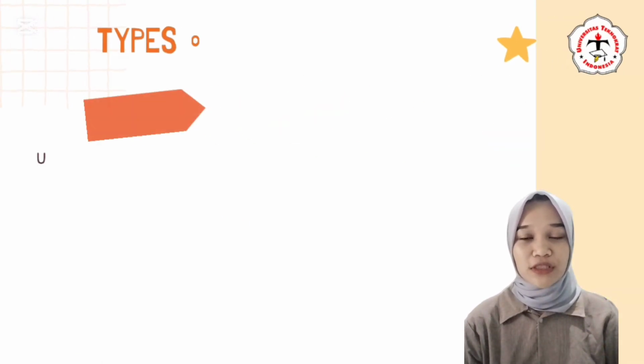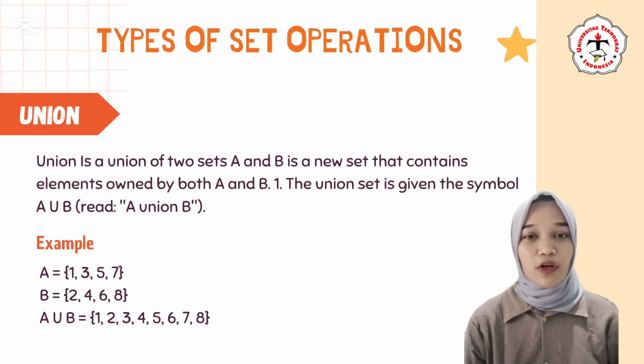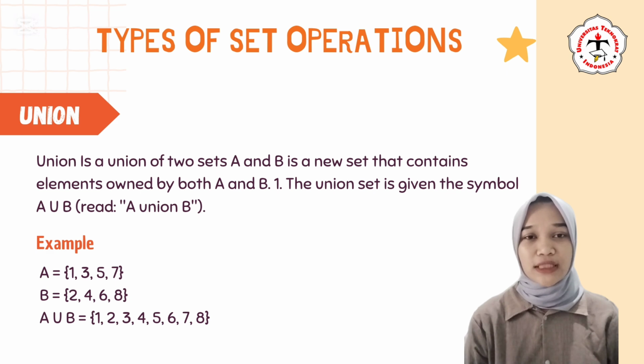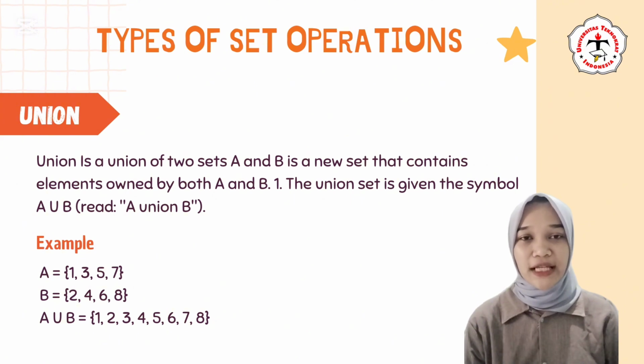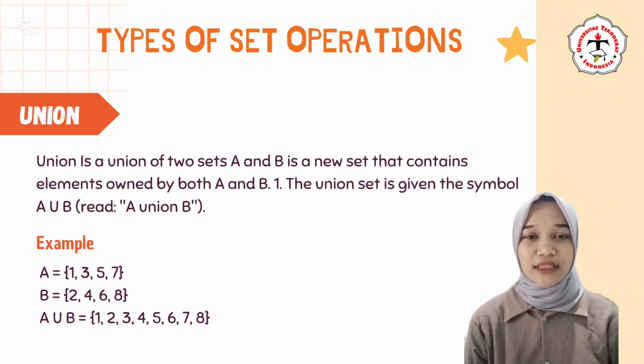Set operations include union, intersection, and complement. Number 1. Union is a union of two sets. A and B is a new set that contains elements owned by both A and B. This definition can also be extended to include unions of more than two sets.